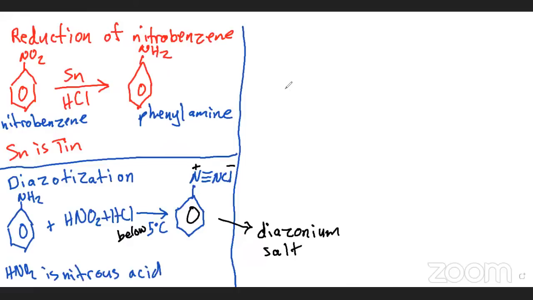So if you put below 10, below 5, that's okay, because the temperature must be low. When you use different sources, it will vary slightly, not by much. All right, so the final reaction now that we are doing is coupling.